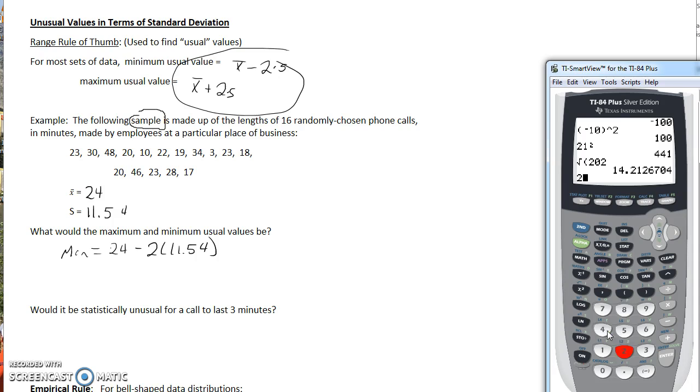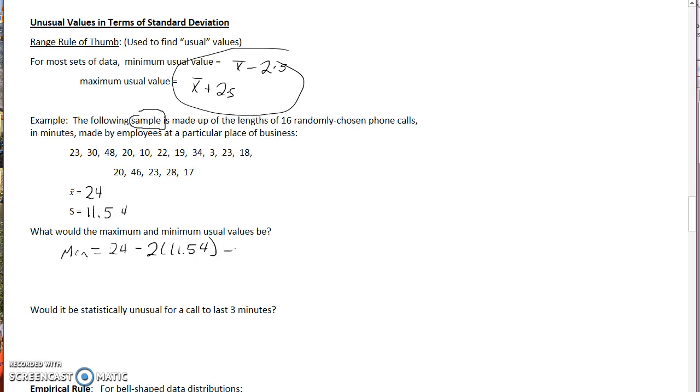So we're going to do 24 plus 2 times 11.54. Oh, I should have done minus, I'm sorry. 24 minus 2 times 11.54. So my minimum value is 0.92 minutes.